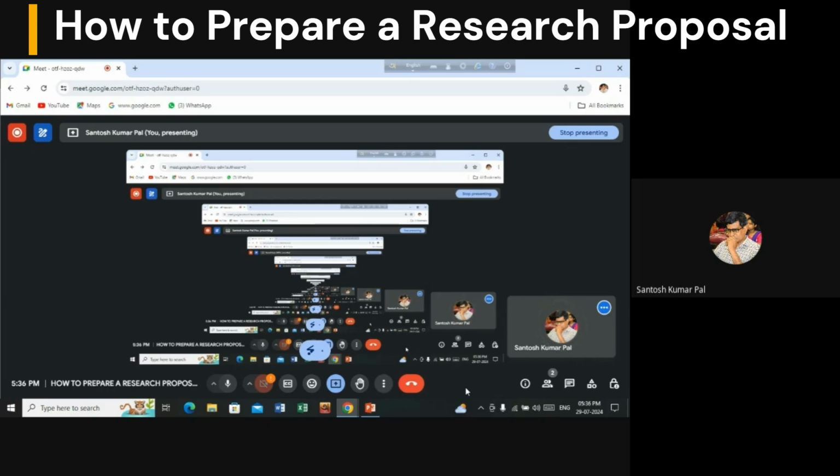We welcome you all, and we are grateful to Dr. Sukla and Dr. Sanjay Kumar for keeping our request, so that our students can be benefited for this purpose.